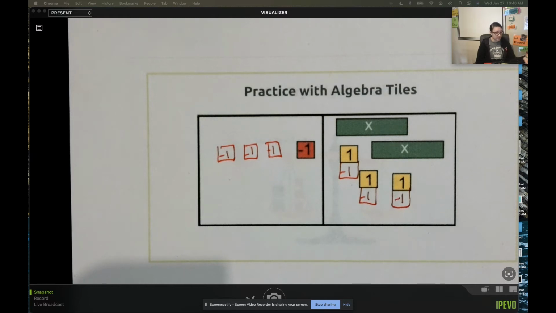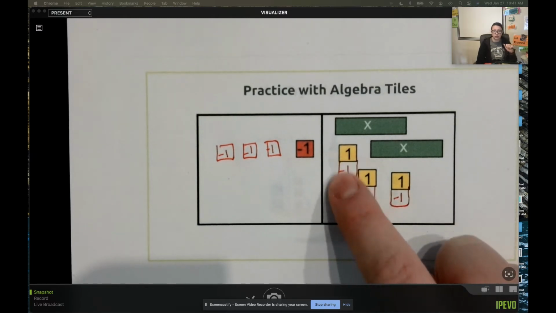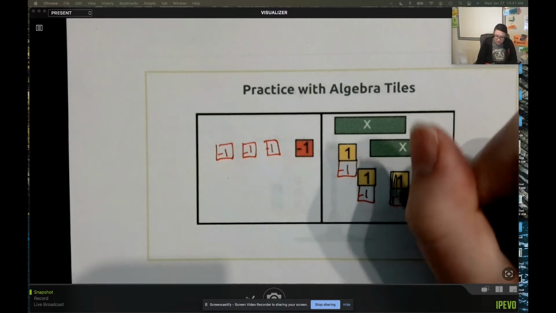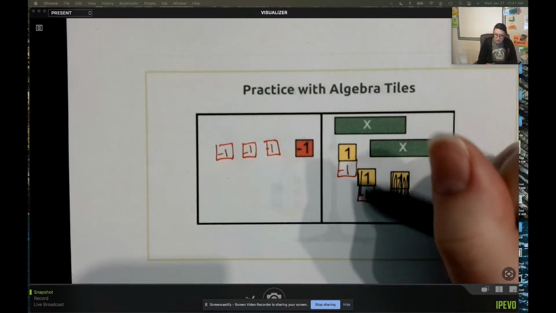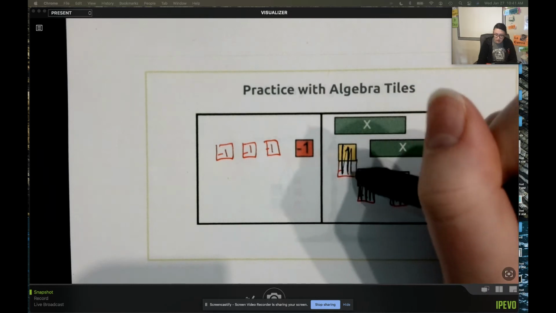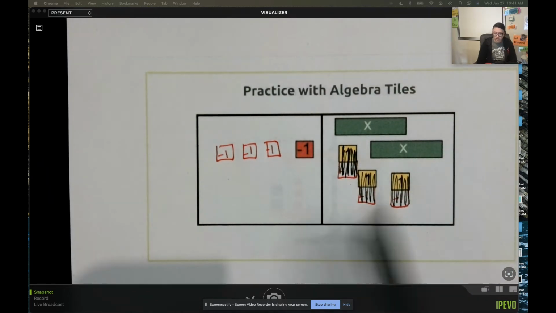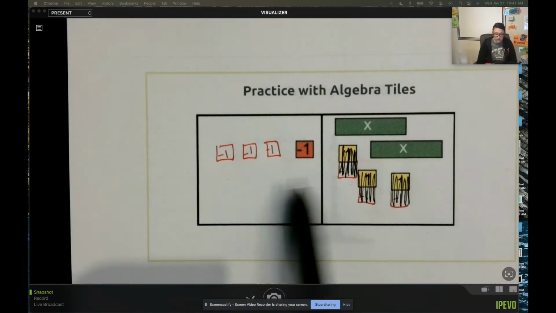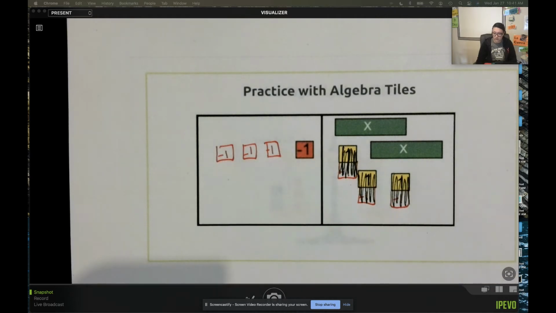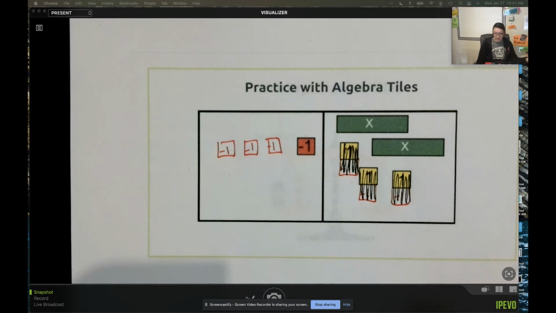And in doing that, and making these 0 pairs, they eliminate each other. They are gone. So now I'm left with 2 x's and 4 negative 1's.